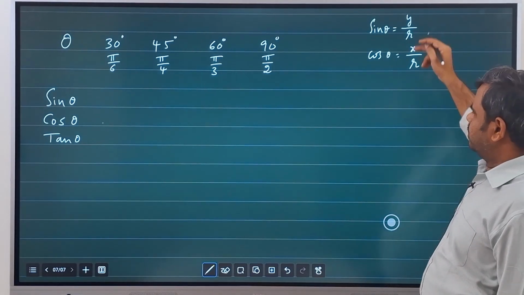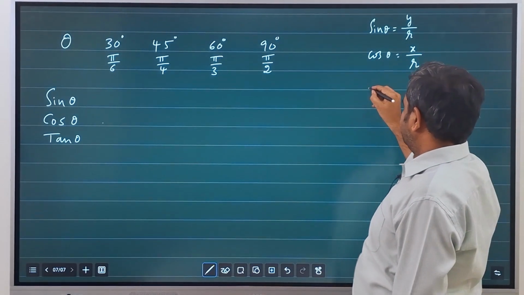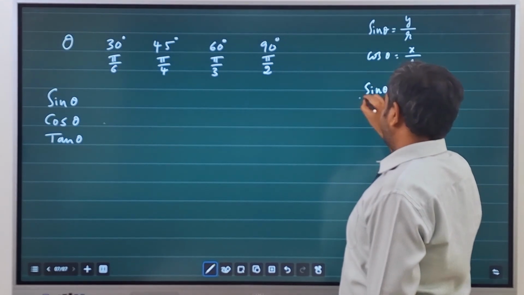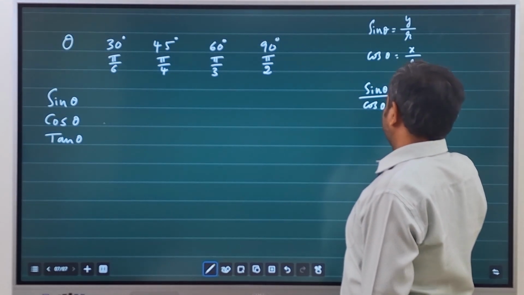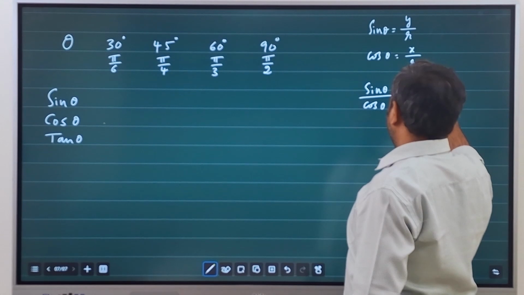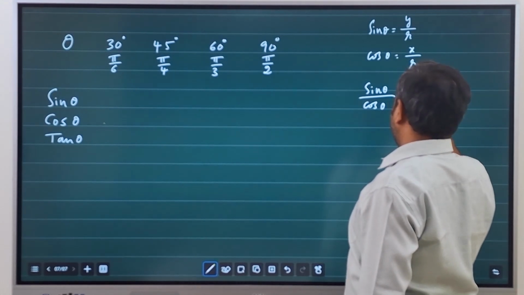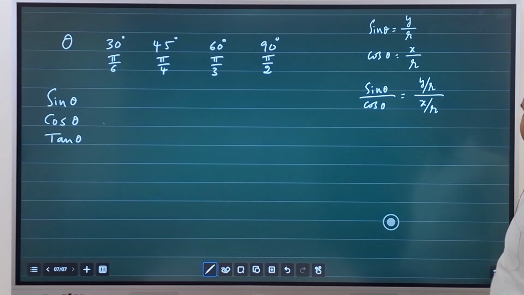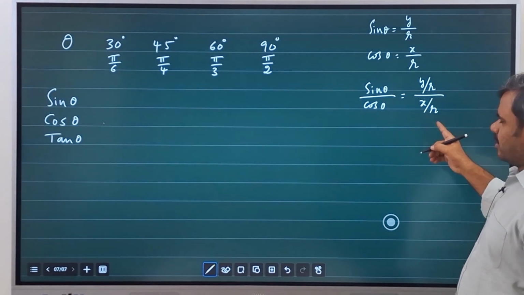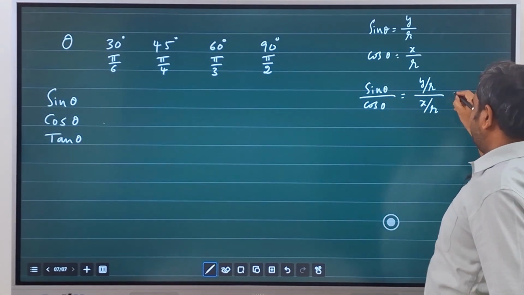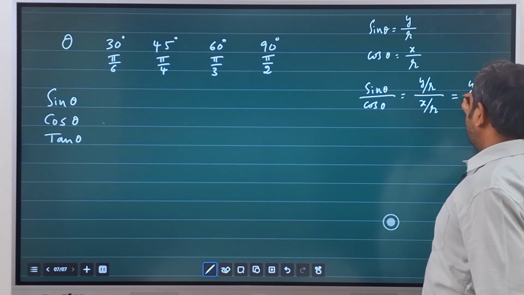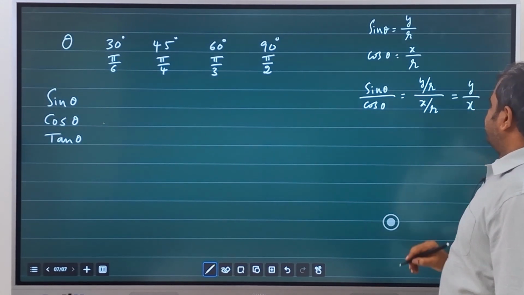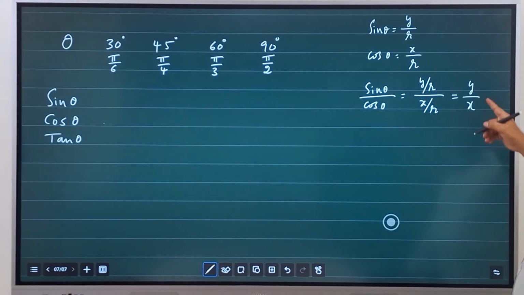Find out the ratio of these two. Sine theta divided by cos theta is equal to y divided by r divided by x divided by r. So r in the denominator gets cancelled. What do you get? The ratio is equal to y divided by x.